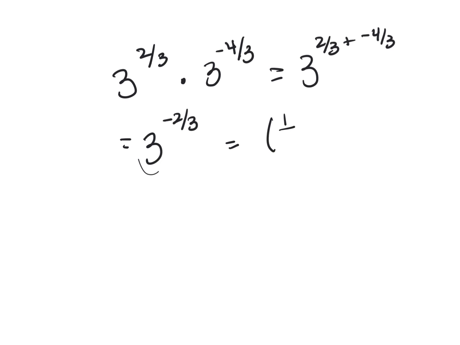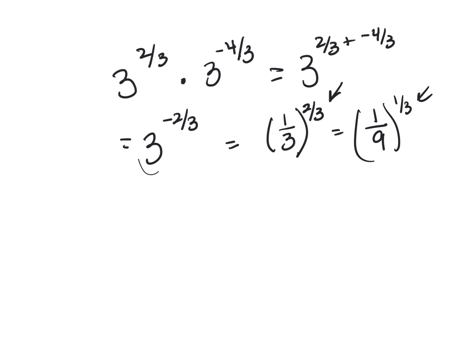So this would be 1/3 raised to the 2/3, which I could also write as 1/9 raised to the 1/3. I wanted you to simplify it and write it with a positive exponent. So technically, this would work just fine, right? Or this one. Either of those answers would be good.